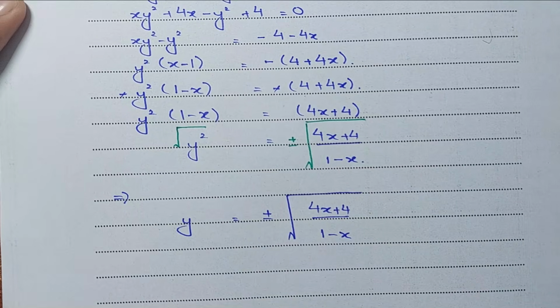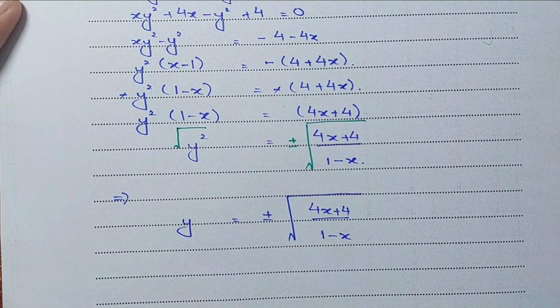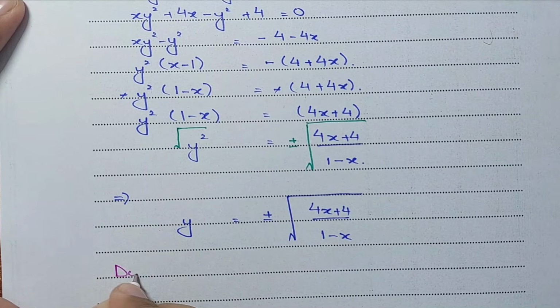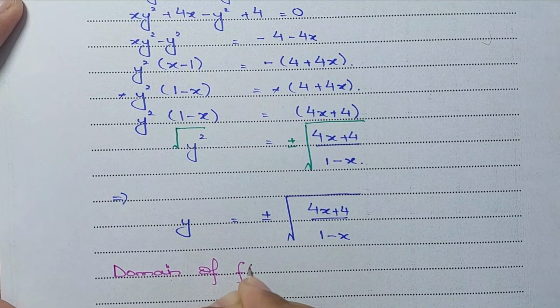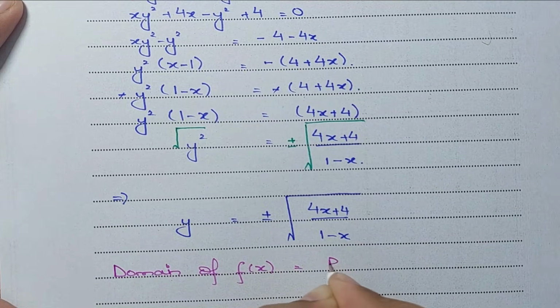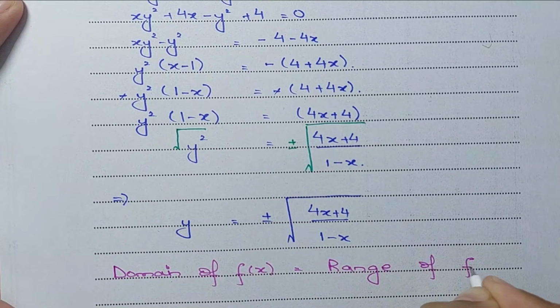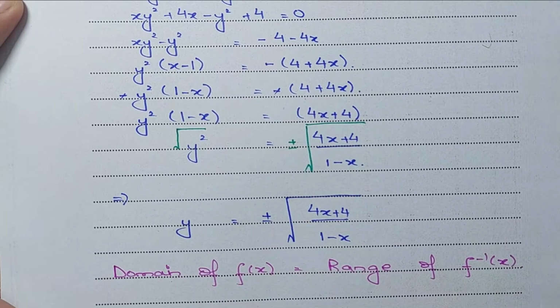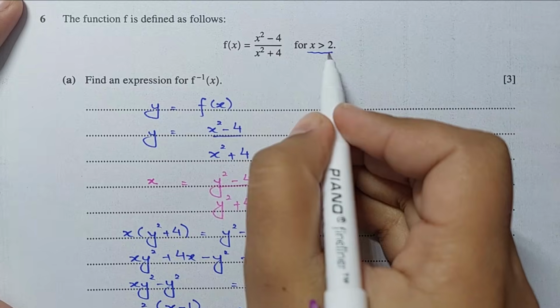Now we need to decide whether it is with a positive root or a negative root, right? As we know, the domain of f of x is equal to the range of f inverse of x. Now, what is the domain of f of x? The domain of f of x is x greater than 2.